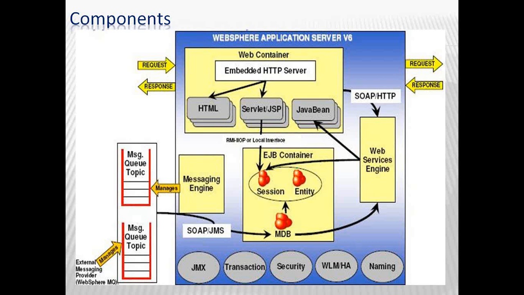If you remember, the EAR file, the application we deploy, contains a web module and an EJB module. So if you deploy the application to the application server, web modules will run under the web container, EJB modules will run under the EJB container. Those are the two containers we have.